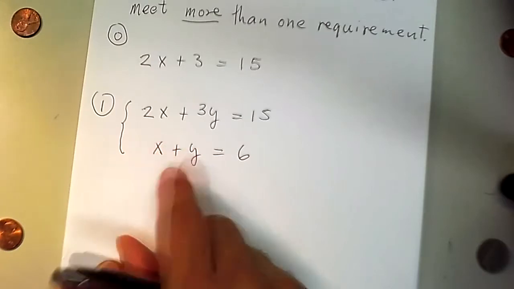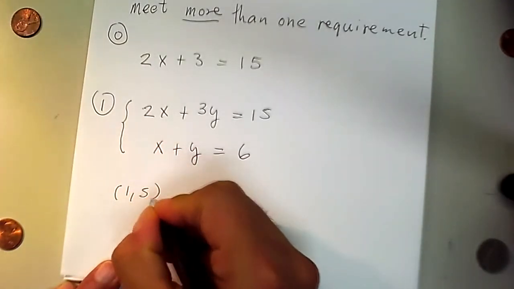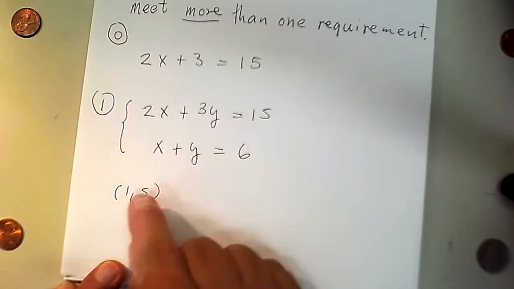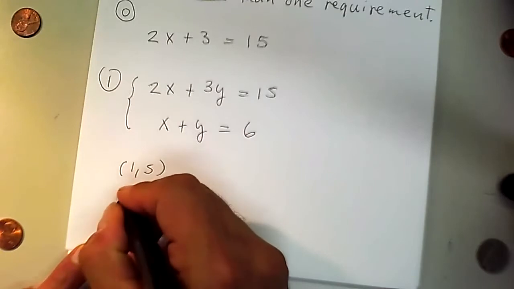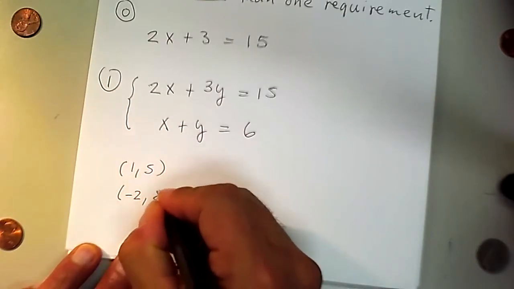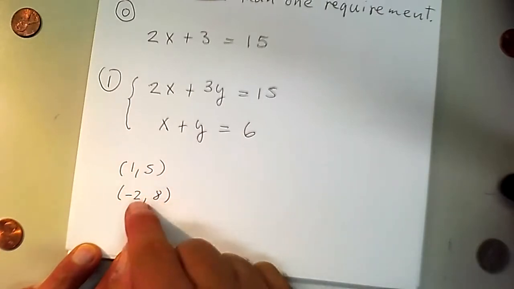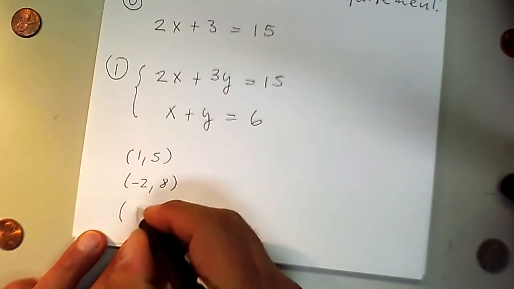So for instance, 1, 5 is one such solution. 1, 5 meets this requirement that added together, they give us 6. There is, for instance, -2, 8, because when we add those two numbers together, we get 6. And then there are some that are fractional.